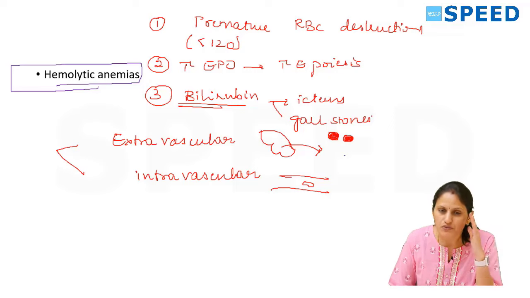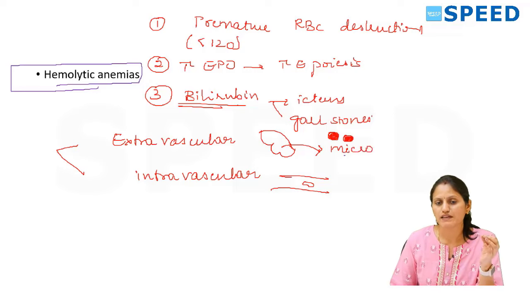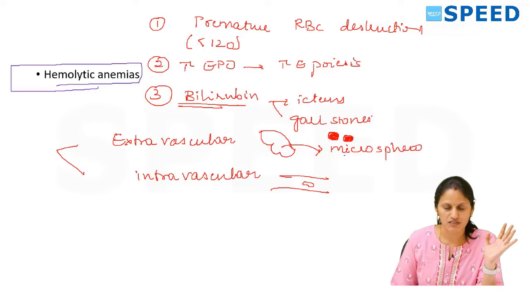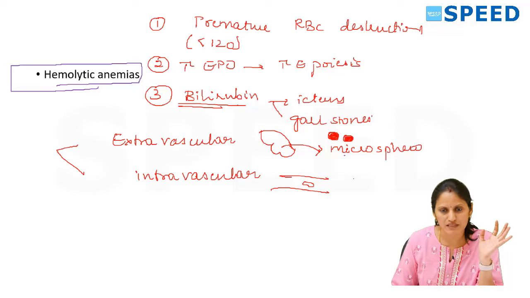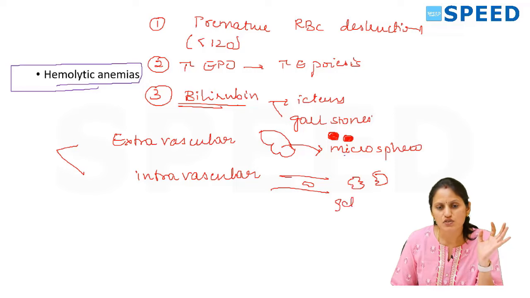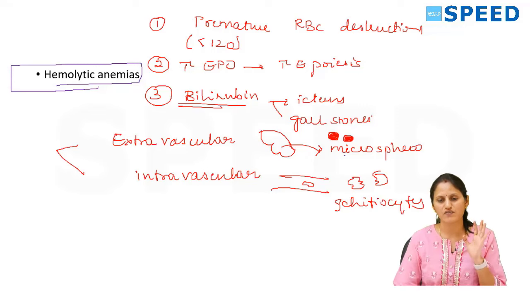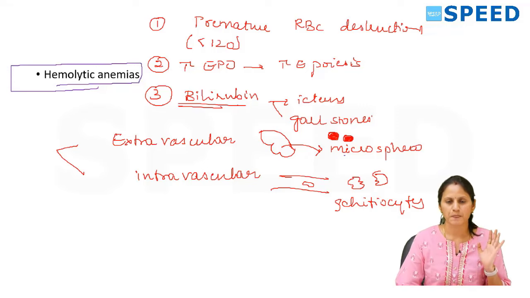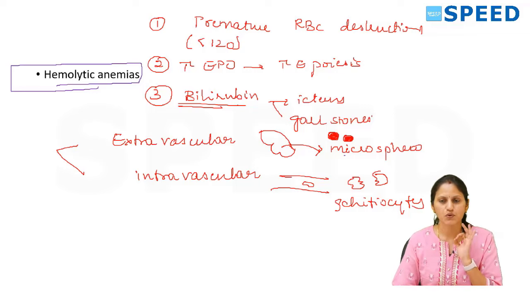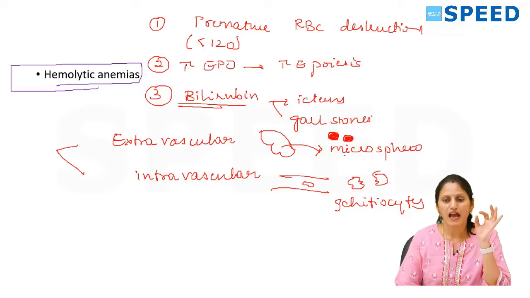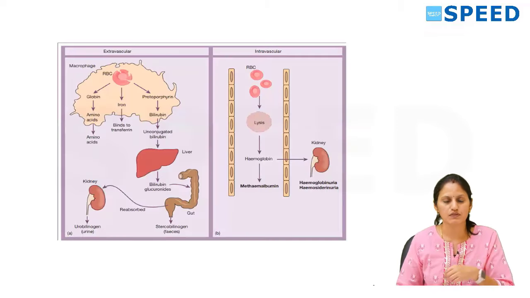I want you to get into your mind that microspherocytes are characteristic of extravascular hemolysis. Intravascular means the RBCs will fragment. So, schistocytes are characteristic of intravascular hemolysis. Okay, this point should go straight. Fine, we'll go to the next slide.